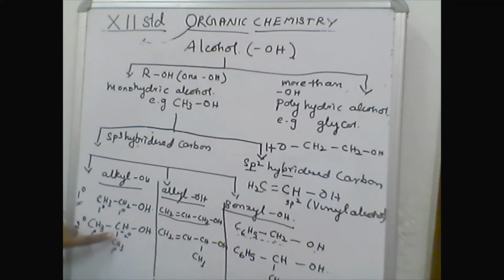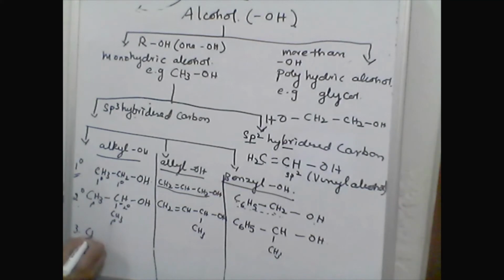And similarly, I can convert secondary alcohol to tertiary. How can we do it? Again, I replace one hydrogen with CH3. This CH3 and this CH3, and OH. If you see, this carbon is a tertiary carbon, because it is directly connected to three carbons.